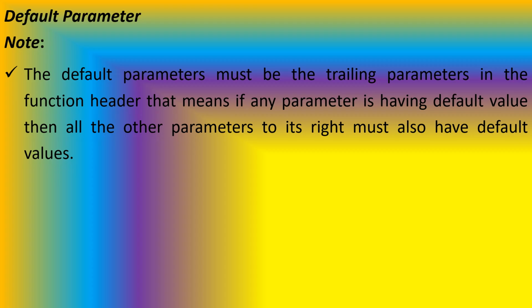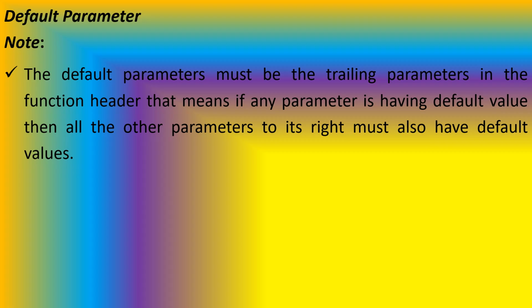For example, if 3 parameters are there, then for the second parameter you cannot give a default value without having a default value for the third, right? So if you give a default value for the third one, then it is okay without giving values for the first and second. But if you give the default value for the second without giving one for the third, then it will be wrong.